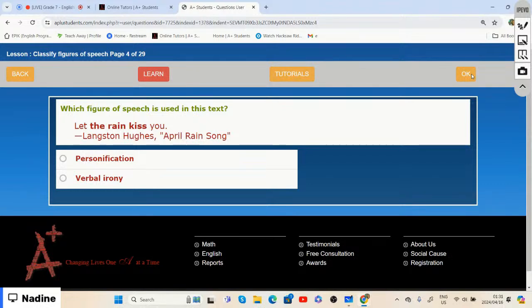And remember, personification is when we attribute characteristics of a person to nature, giving human characteristics to non-human things. Or is it a verbal irony?